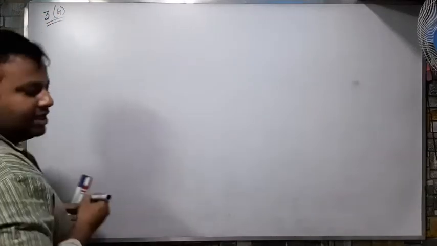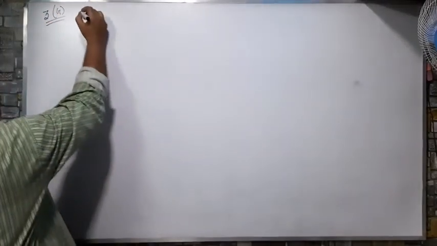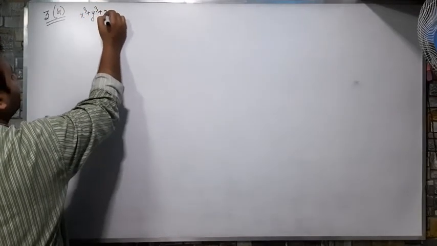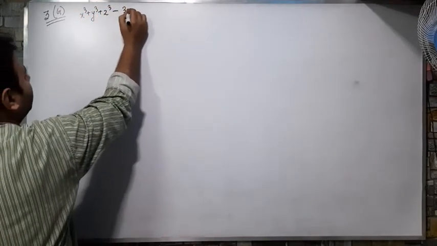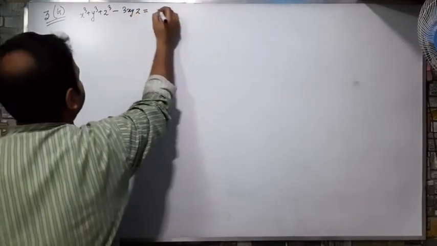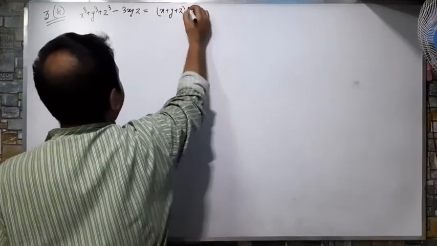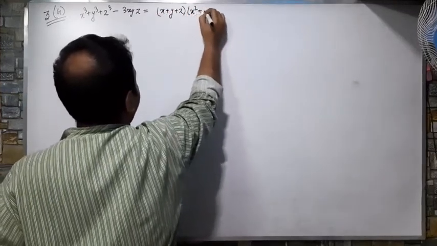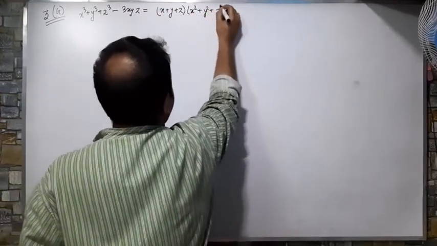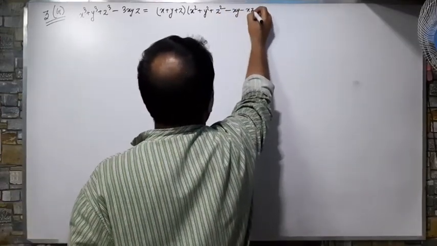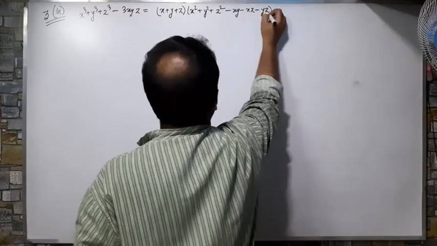This 3G is based on two formulae again. The first one, x cube plus y cube plus z cube minus 3xyz, will be equal to x plus y plus z into x square plus y square plus z square minus xy minus xz minus yz.